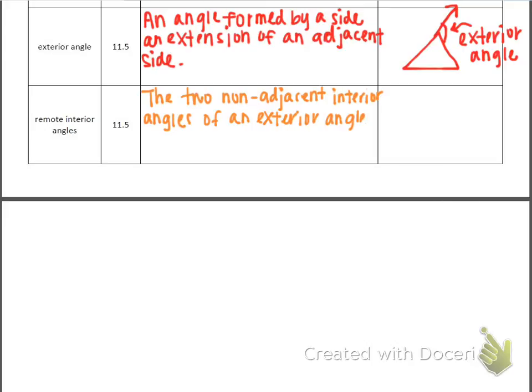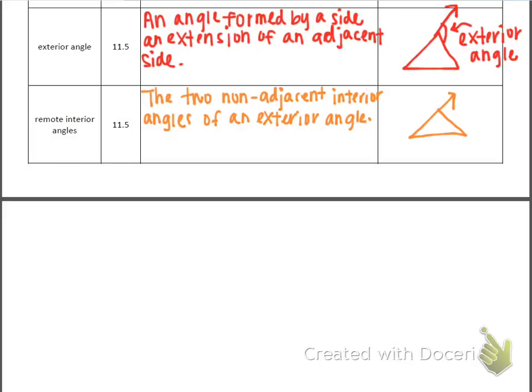I'm going to draw the same picture for this example. So if I have a triangle, we're looking for the angles that are non-adjacent and on the inside of the triangle. Adjacent means touching.